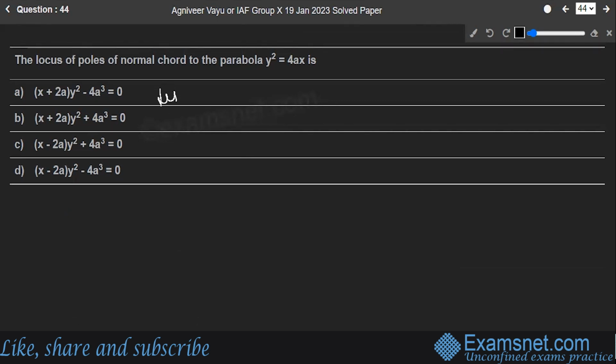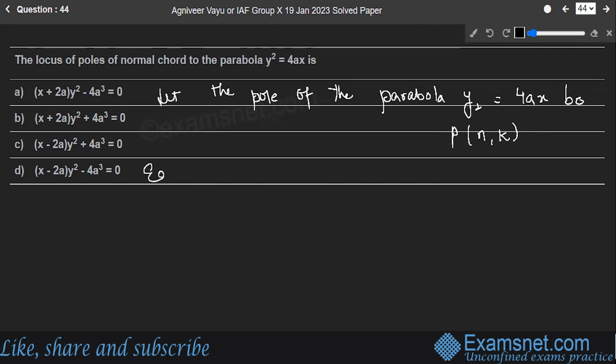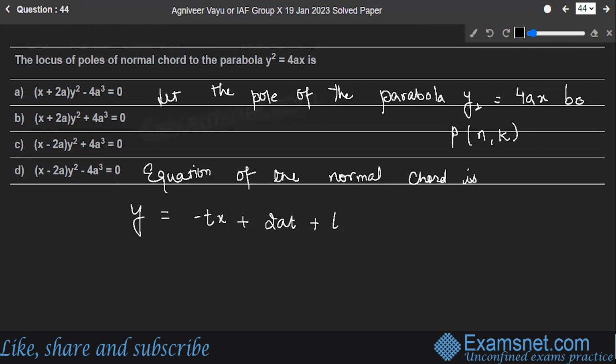See, let the pole of the parabola y^2 = 4ax be (h, k). The equation of the normal chord is given by y = -tx + 2at + at^3.